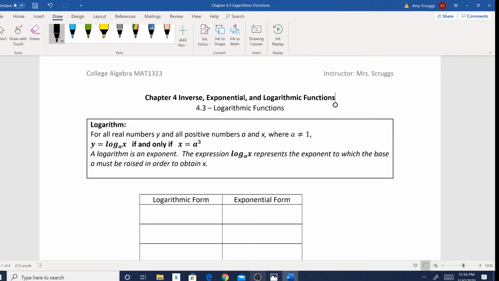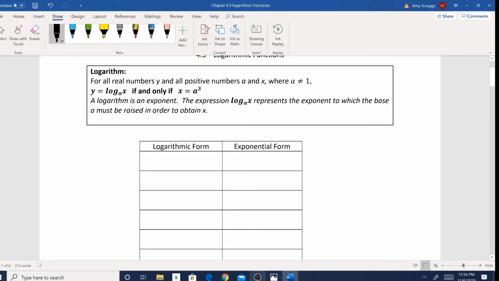Okay, there are 2 different ways you can look at an exponent. You can convert expressions and equations from logarithmic form to exponential form, and that's actually what we're going to do here. I'm going to start with a problem in exponential form.